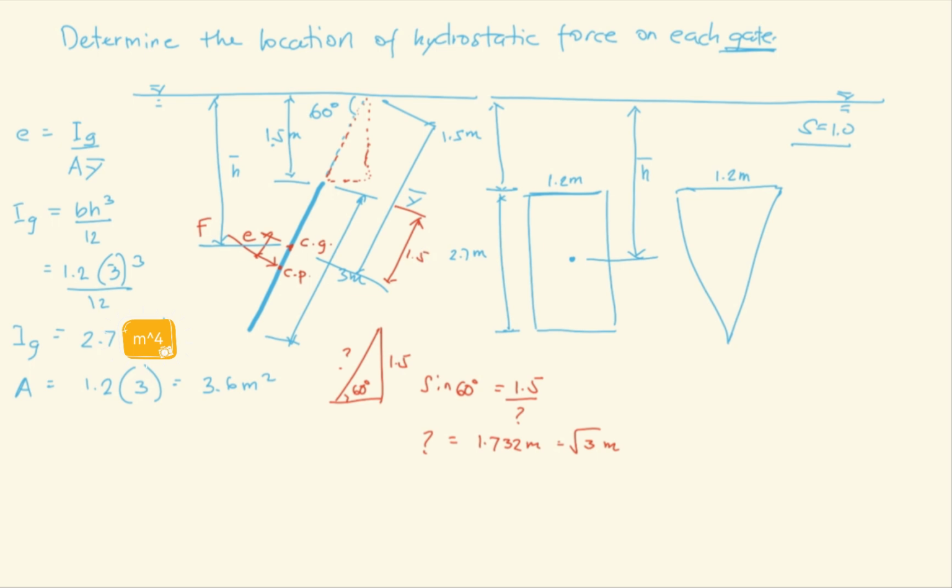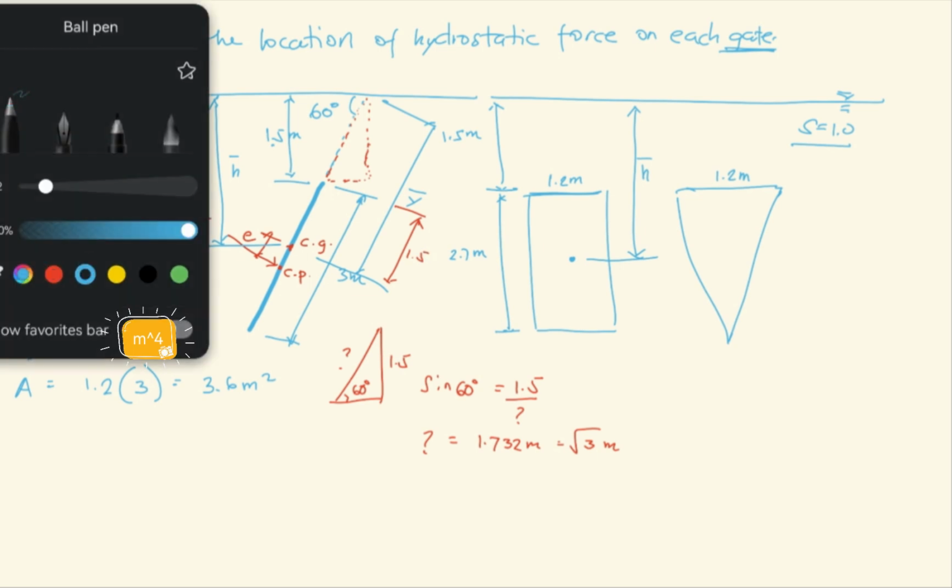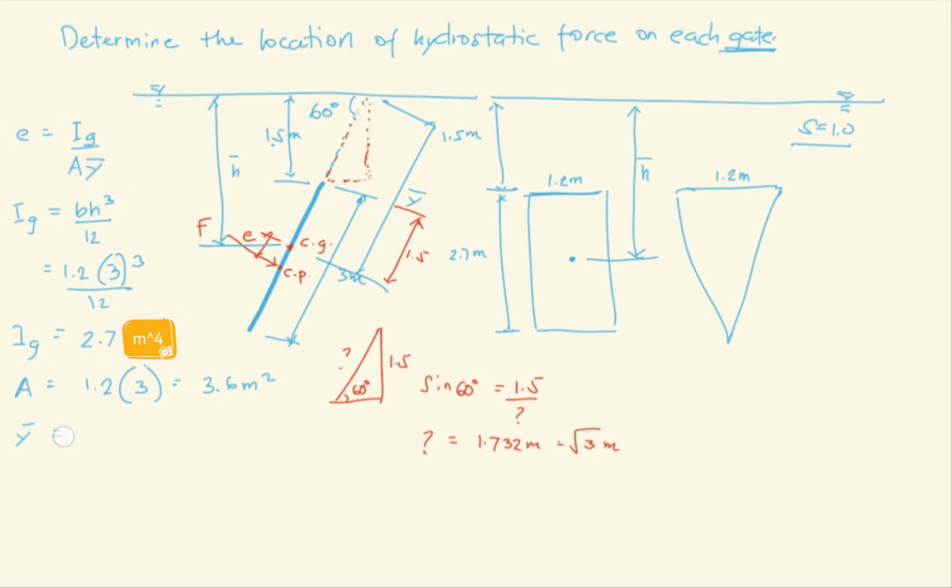Okay. So then Y bar is equal to square root of 3 plus 1.5. So that is 3.232 meters. Okay.